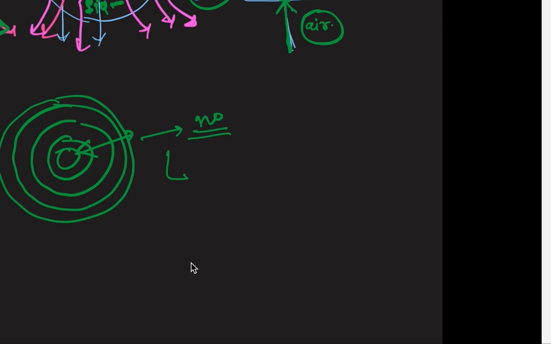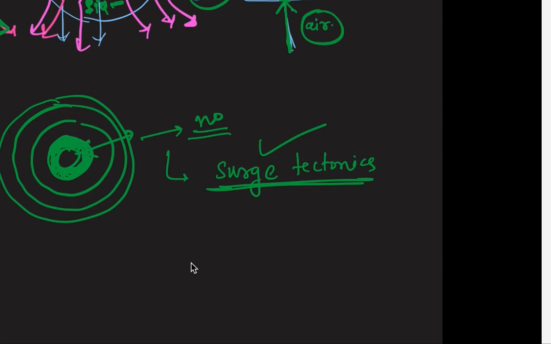Now there are new concepts coming, that it is not like only the outer core is liquid. These concepts are called surge tectonics. This is not there for our syllabus. But what is surge tectonics? Surge tectonics says that the earth is still not fully cooled. It is still hot, it is still changing its nature, and because of the residual heat, there are some spots inside where there is a liquid, and some spots where there is a semi-solid material.